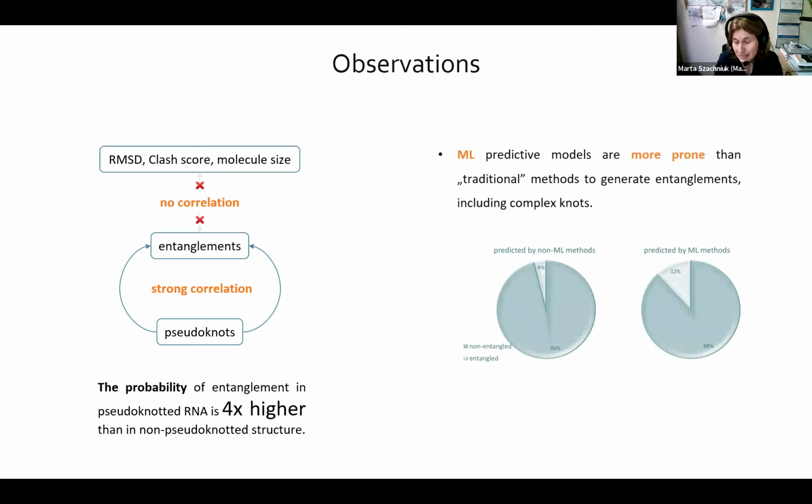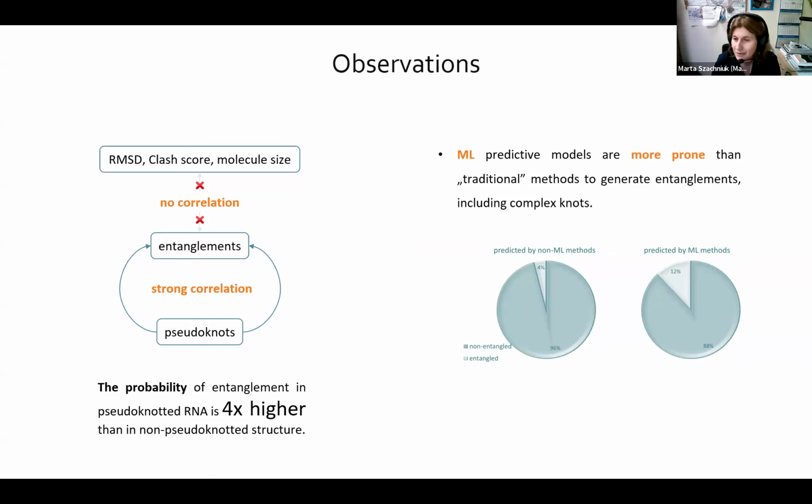Another thing we found was that machine learning models that predict RNA 3D structure are more prone than non-ML methods to generate entanglements, including complex knots. So what you can see here on these two pie charts is the percentage of entangled versus non-entangled models generated by non-machine learning methods on the left pie chart and machine learning methods on the right pie chart.